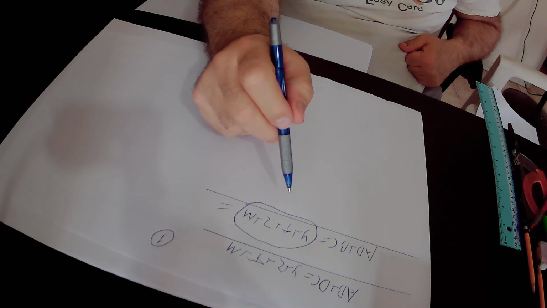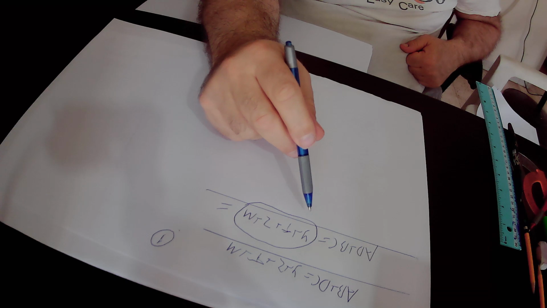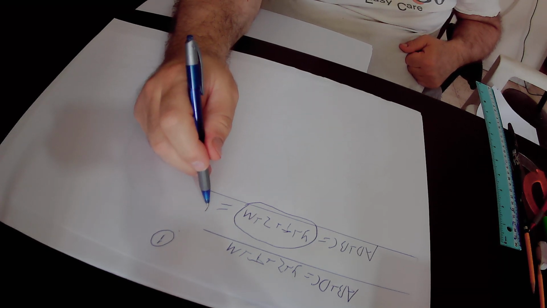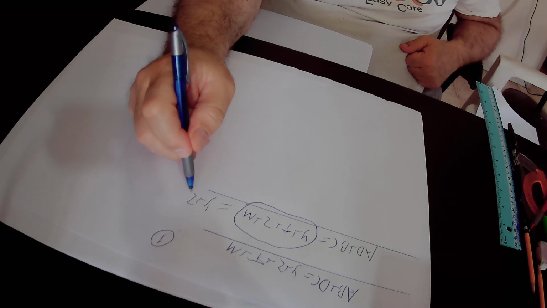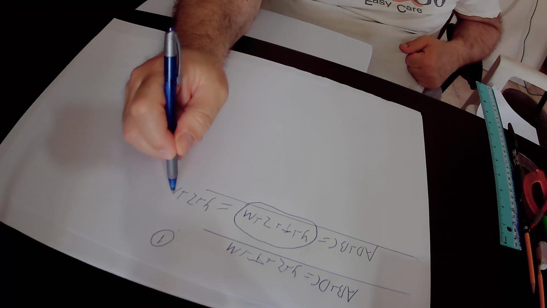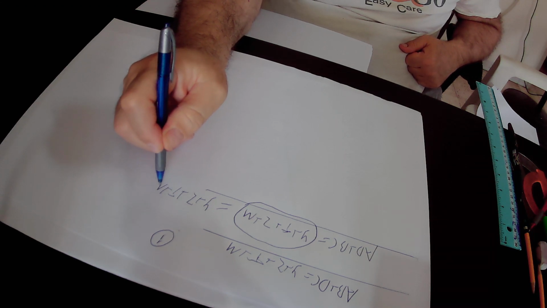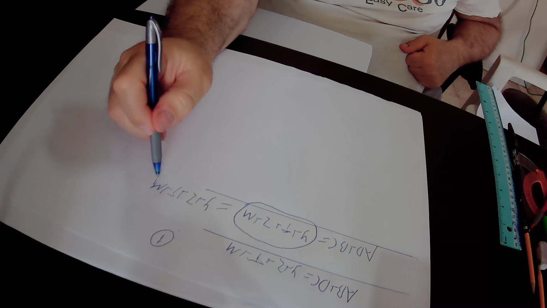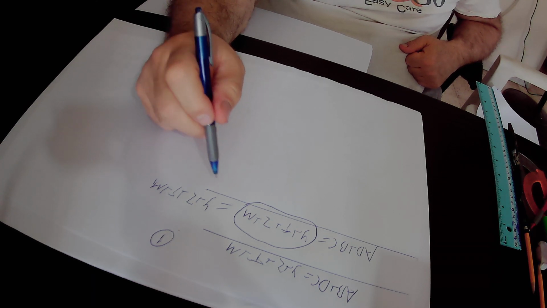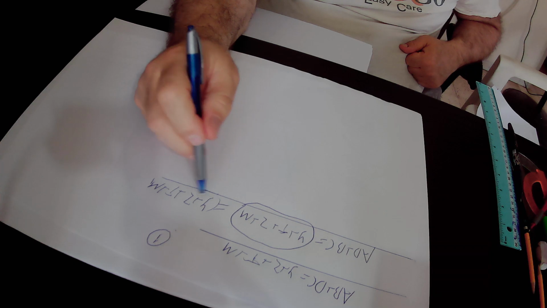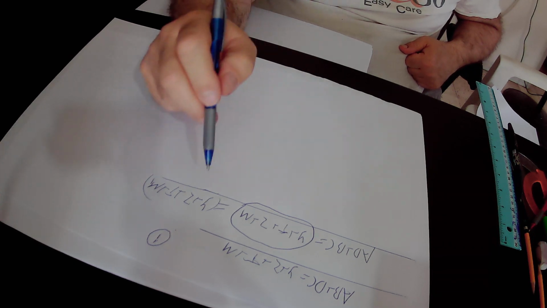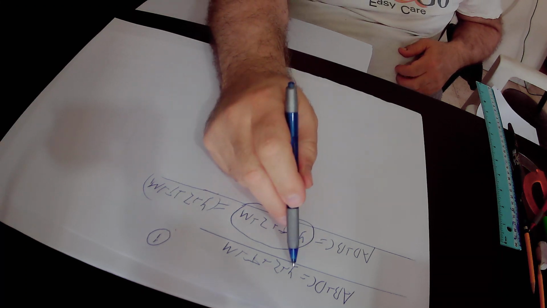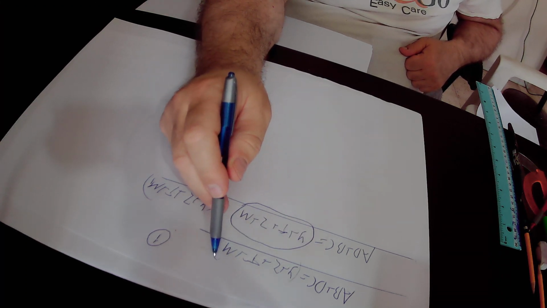Therefore, the value of Y plus T plus Z plus M will be equal to Y plus Z plus T plus M. We just change the order of the letters here. So we found that AD plus BC equals Y plus Z plus T plus M, and AB plus DC also equals Y plus T plus Z plus M.